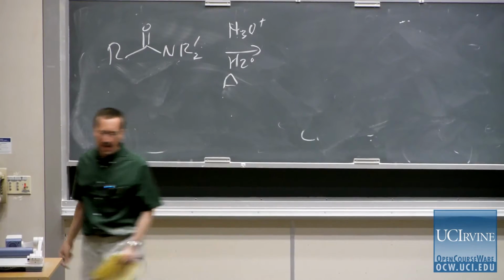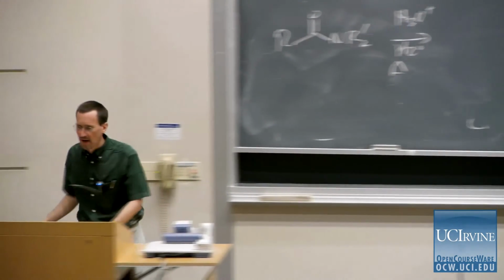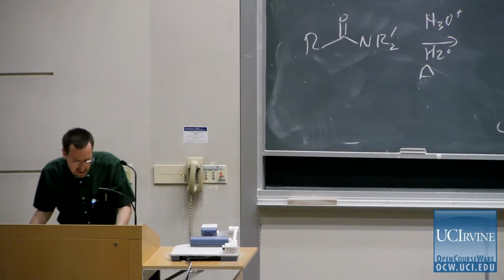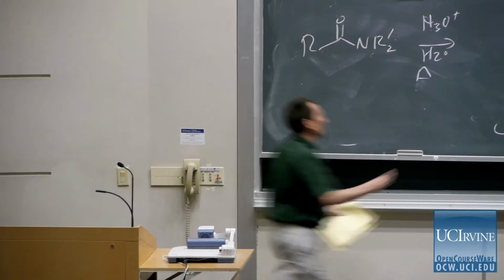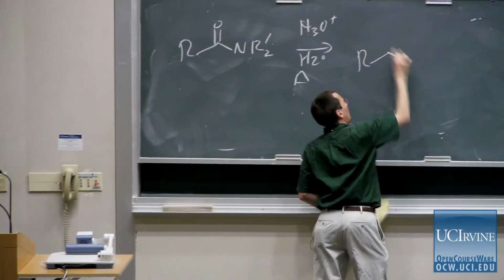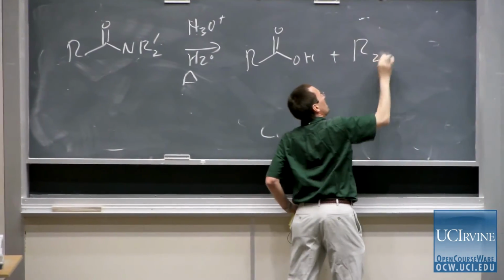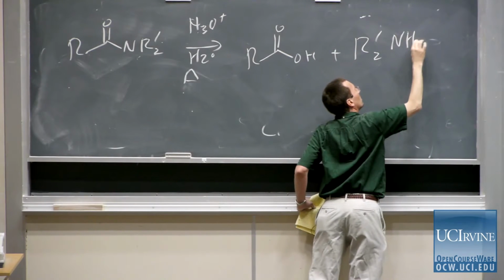And again, of course, you can't go to the stockroom and get a bottle of H3O+. It's going to be sulfuric acid and water or HCl and water. You'll get the carboxylic acid and the corresponding ammonium salt.